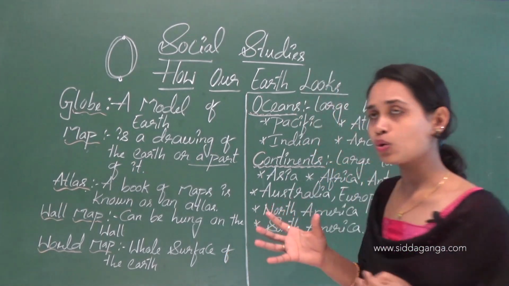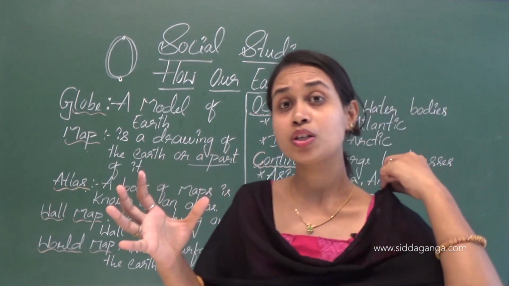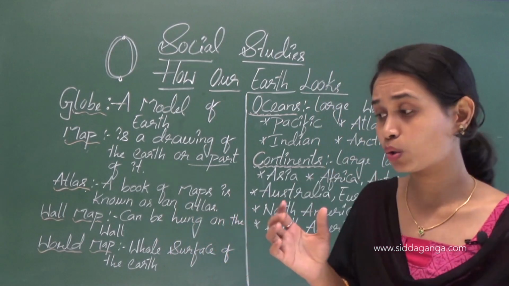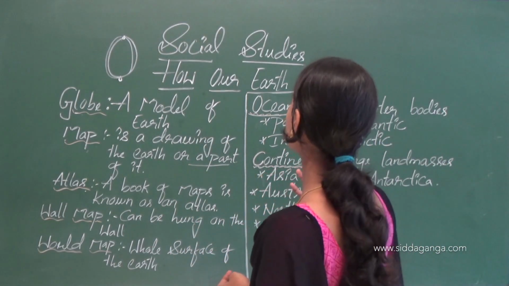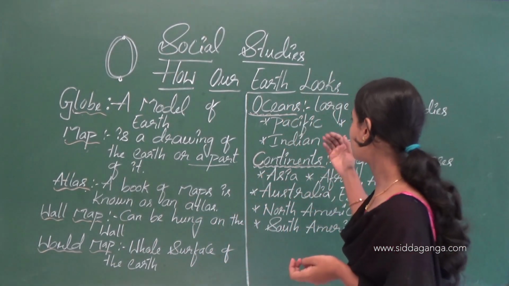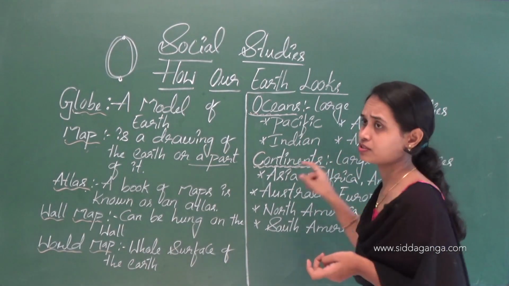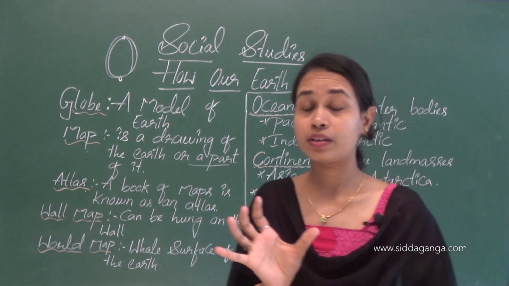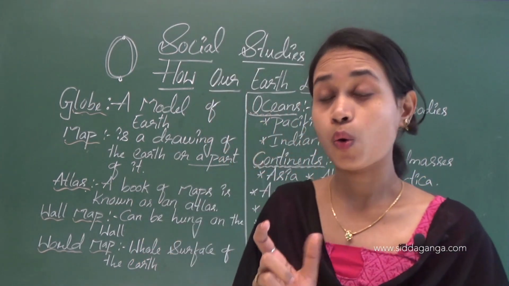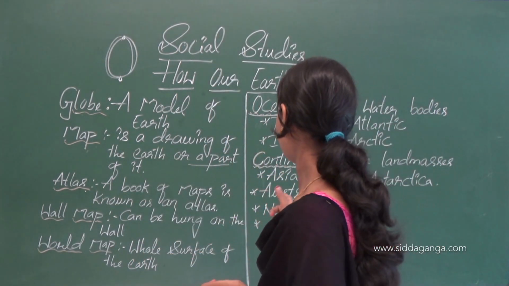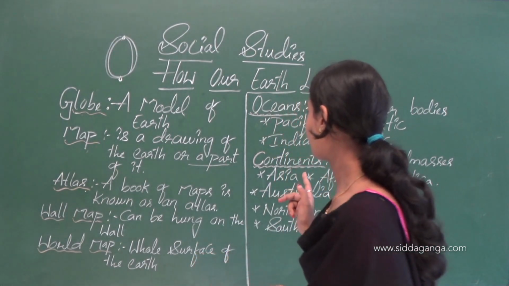There are 4 main oceans: Pacific Ocean, Atlantic Ocean, Indian Ocean and Arctic Ocean. These are the main 4 oceans we can see on the globe.